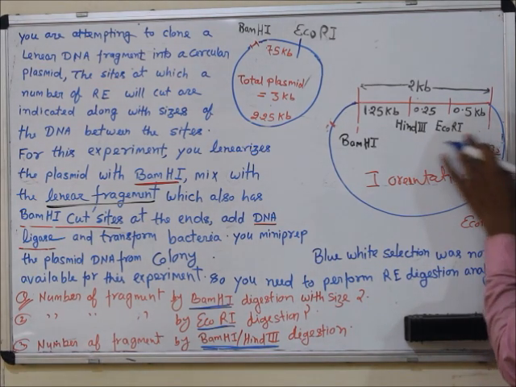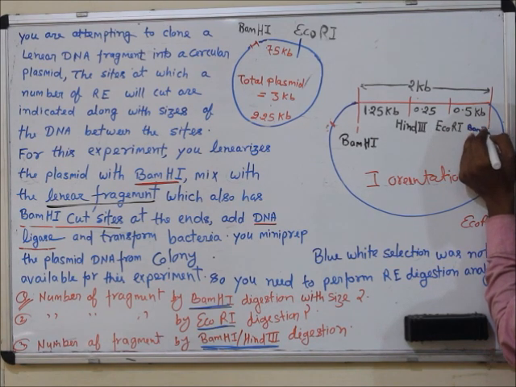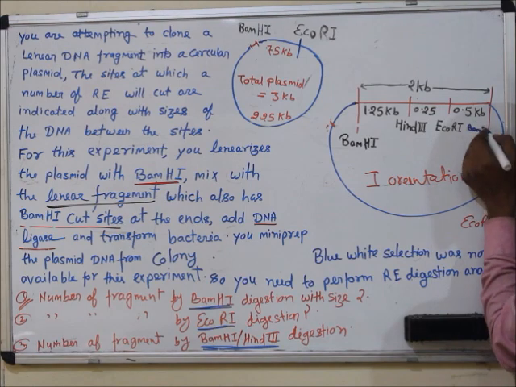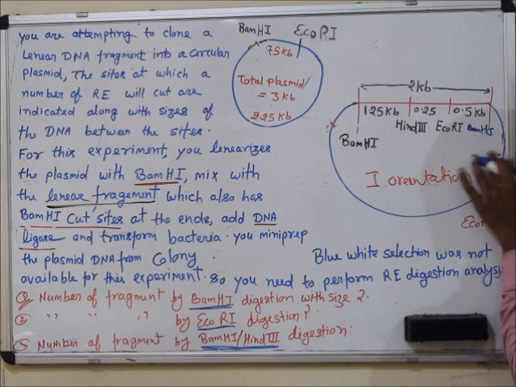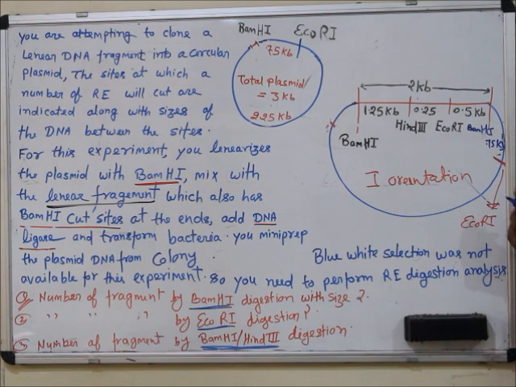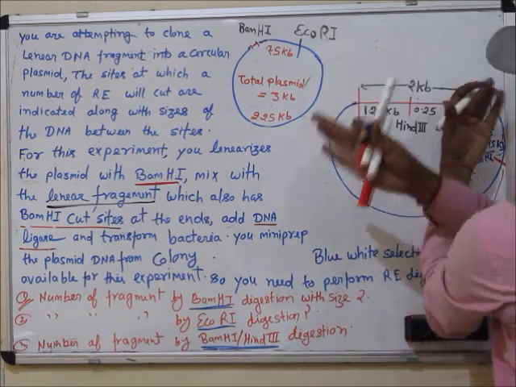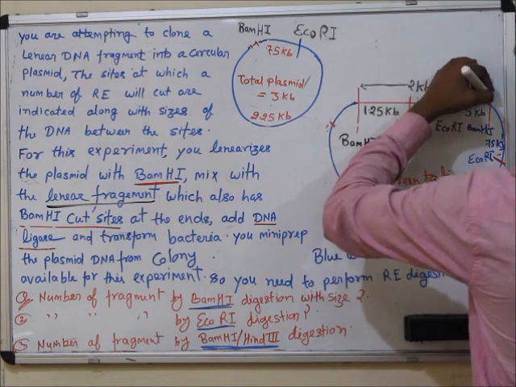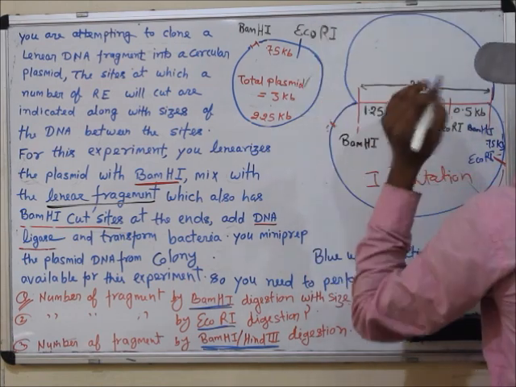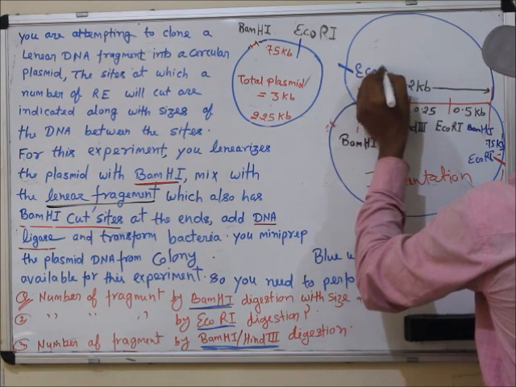Again, I am showing you, that is BamHI and 0.75 kb of EcoR1. Okay. When the fragment is added in the inverted form, I am drawing the plasmid in those conditions. EcoRI.